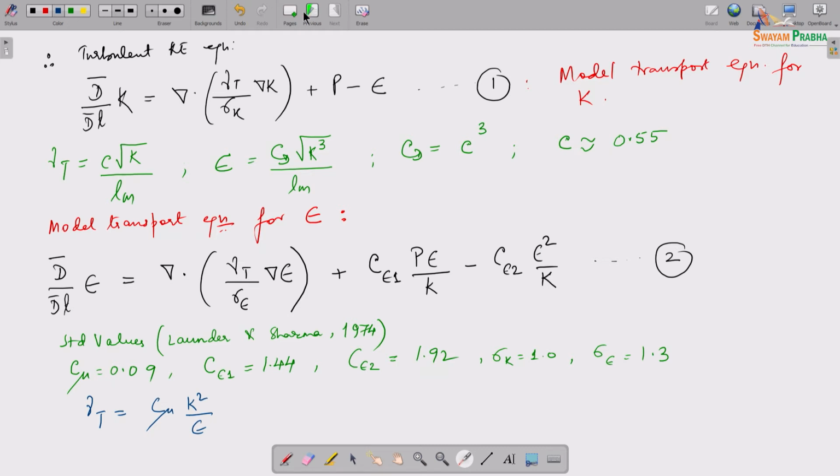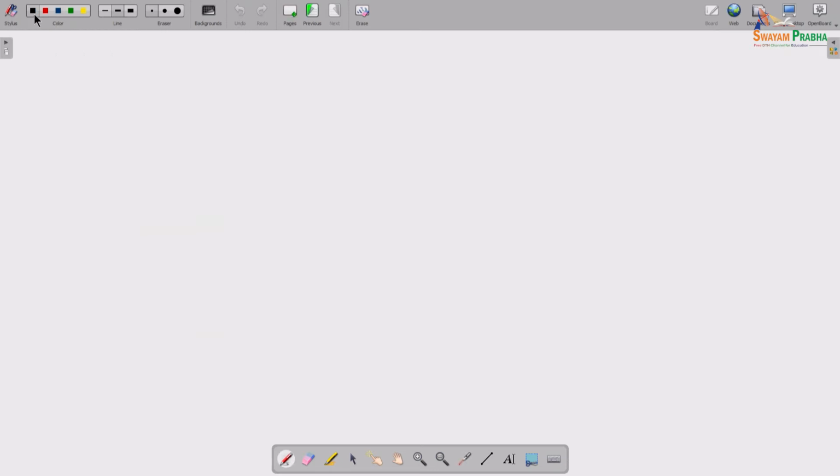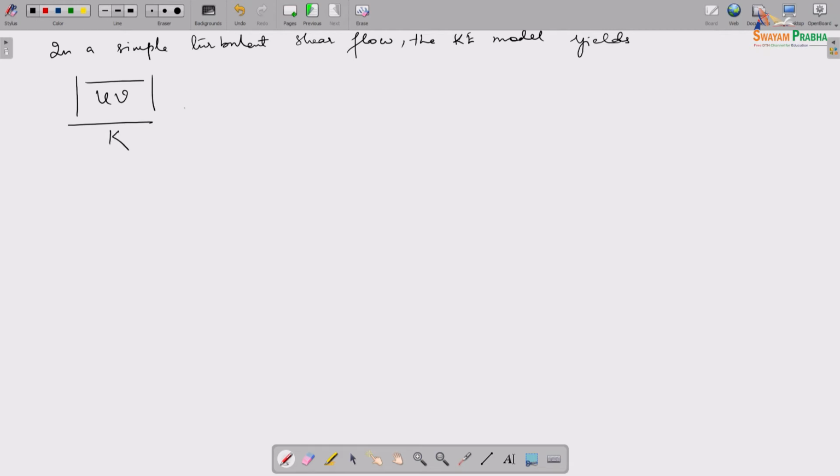That is that. So, if I'm going to go to another page and then say that in a simple turbulent shear flow, the K model yields, okay.